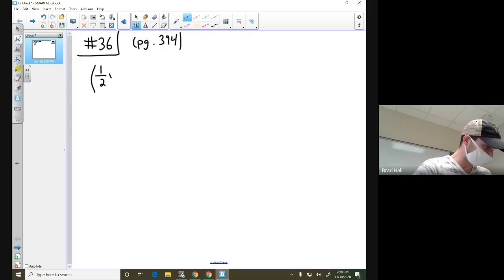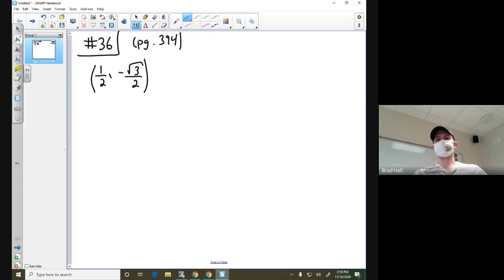This is (1/2, negative square root of 3 over 2). And it's the same directions. We're going to plot this and then find two corresponding polar coordinates for this. This is exactly what I would expect on your homework.